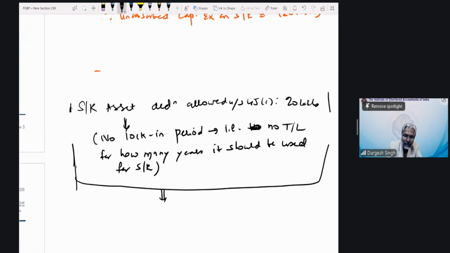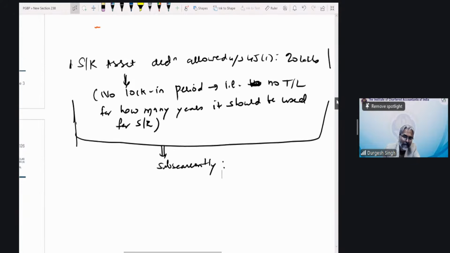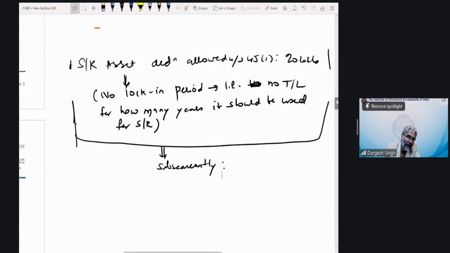So subsequently, what could happen, students? Subsequently, after any year, what could happen? Two things can happen, students. One is that you may sell the asset. You may sell the asset outside.